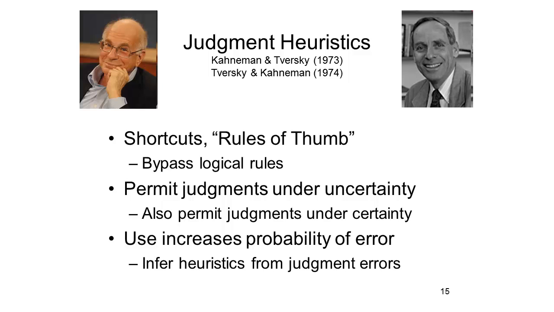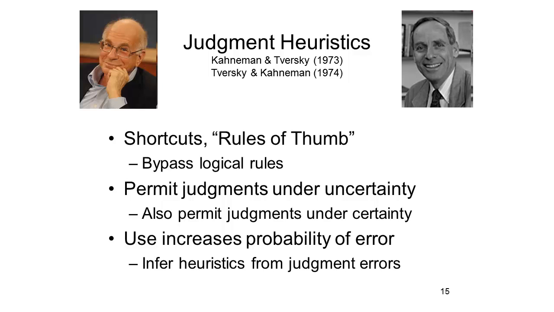The term judgment heuristics was introduced by Daniel Kahneman and Amos Tversky in some collaborative work that the two began in the 1970s. Kahneman and Tversky's work on judgment heuristics has revolutionized our understanding of human judgment and decision-making, and has had far-ranging implications for things like economic decision-making.